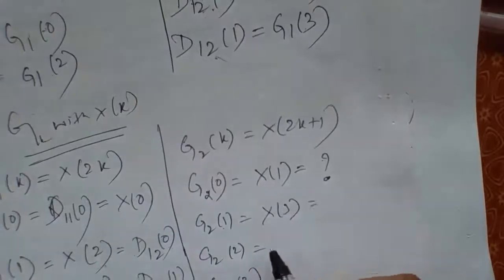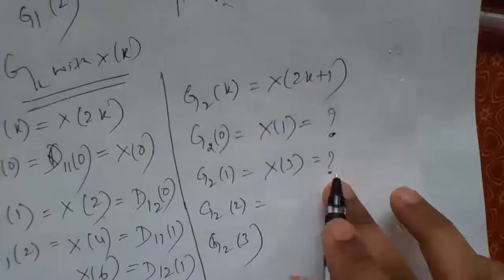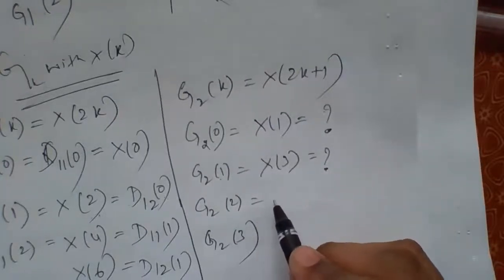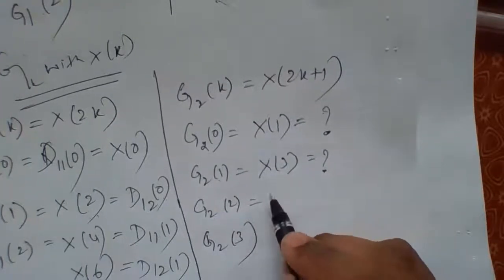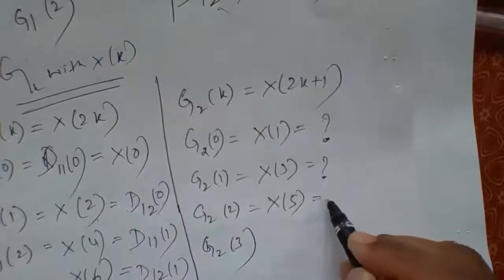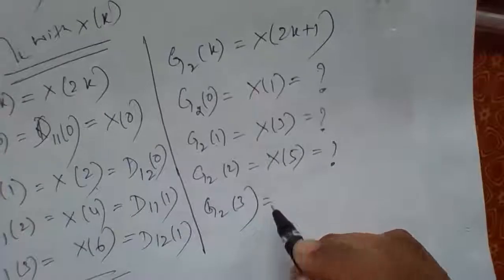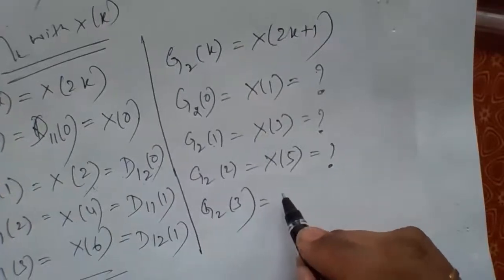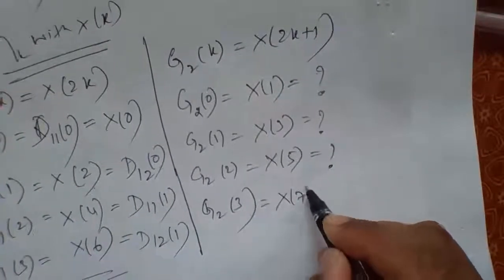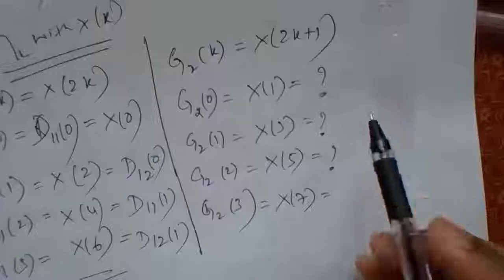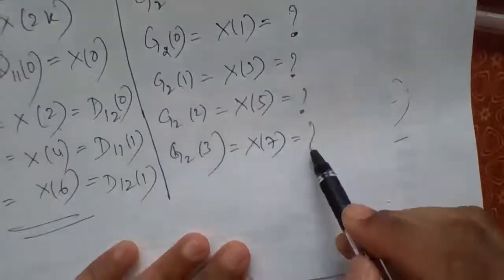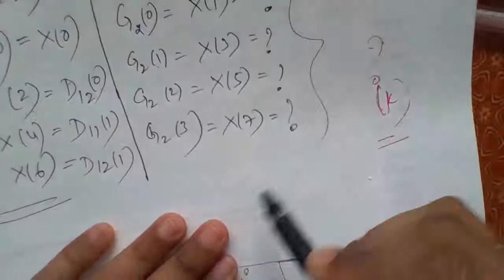We will relate it. G2 of 2 is nothing but X of 5, so what is it equivalent to in terms of D? That needs to be done. Similarly, G2 of 3 is nothing but X of 7. How is it linked with the D part? We will have to do it.